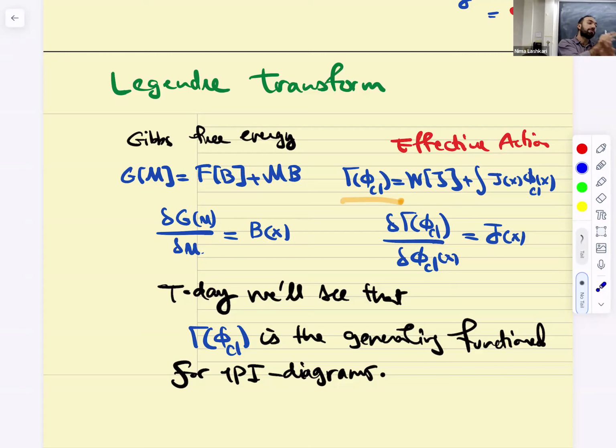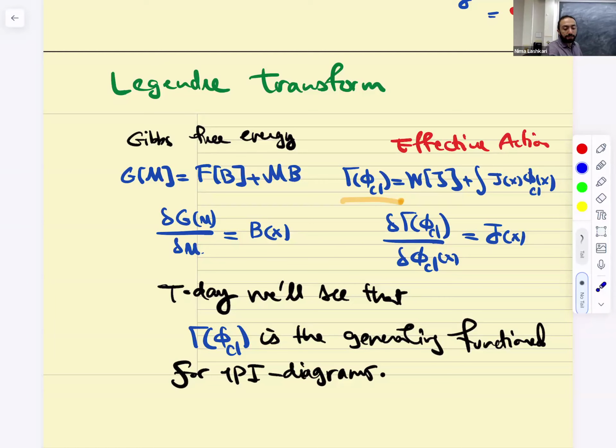You could invert that relation and view the external field as a function of magnetization, and the corresponding function whose extremization will give you this relation is the Gibbs free energy, or in the case of QFT, the effective action.